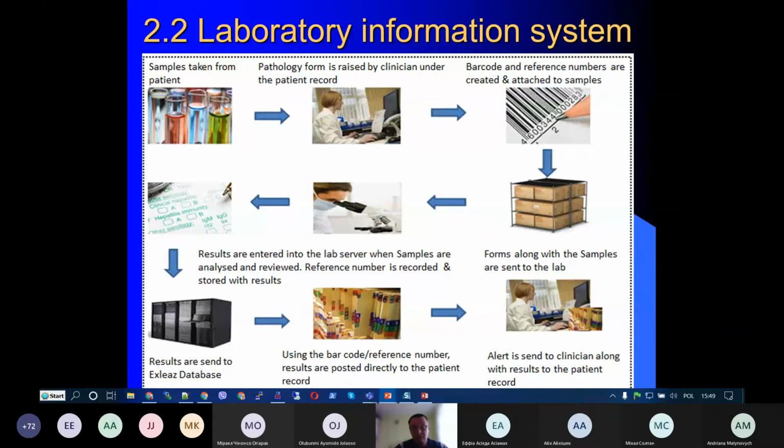And here is given a general workflow, how it can look from taking samples and through delivery to the research facility, performing processing, entry and storage of results within internal storage, and sending the result back to the physician in paper form, or to the patient for sure, in paper form or in digital form if it's possible.